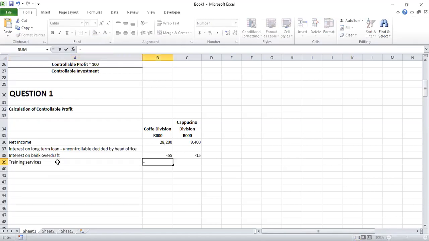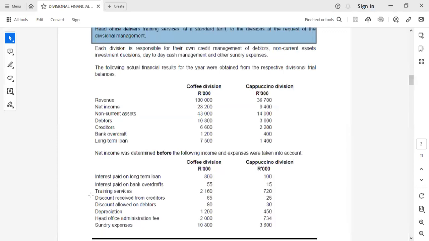So that will be 2160 and 720. You'll be checking whether they have a say in those things.